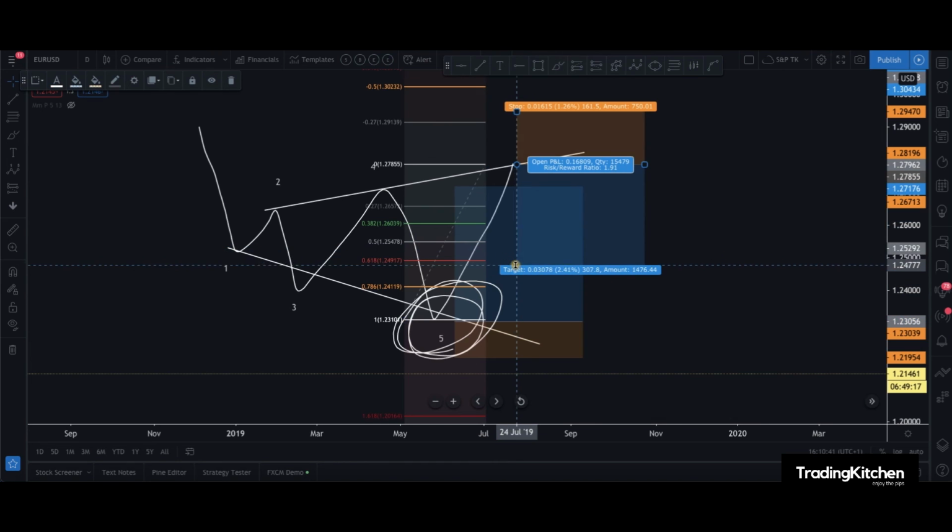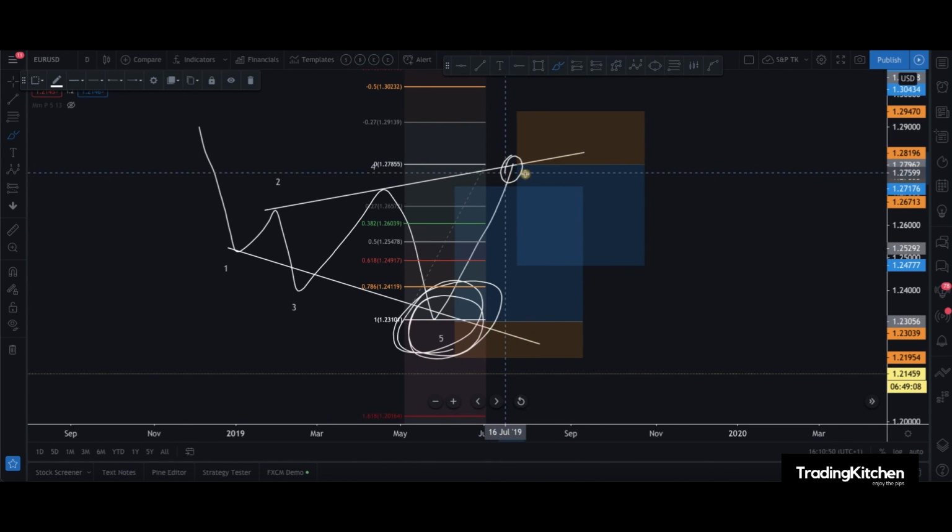The 61 of Fibo is a good take profit. Okay, but the condition is that the trend line must be hit.